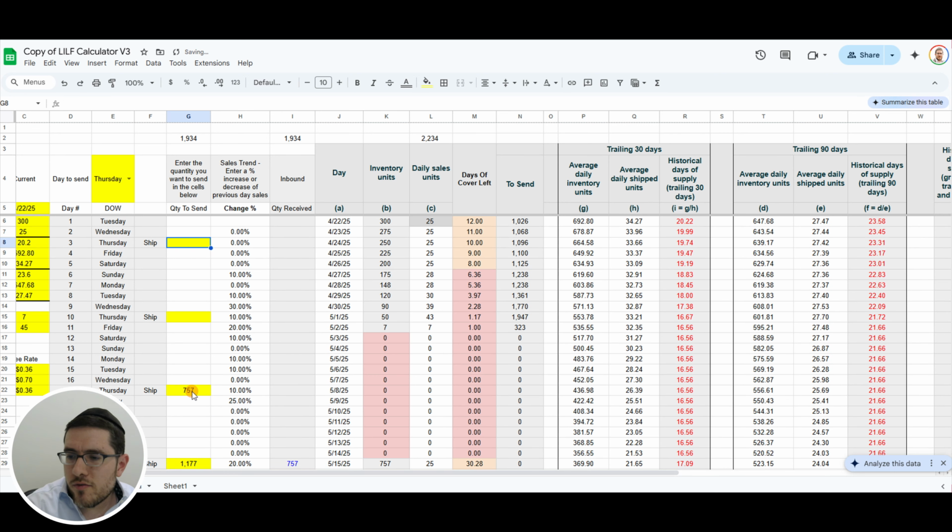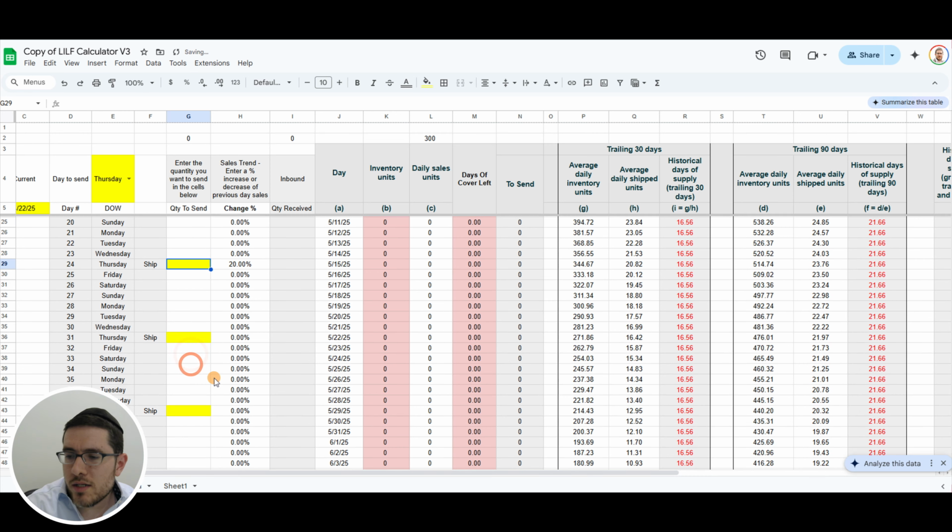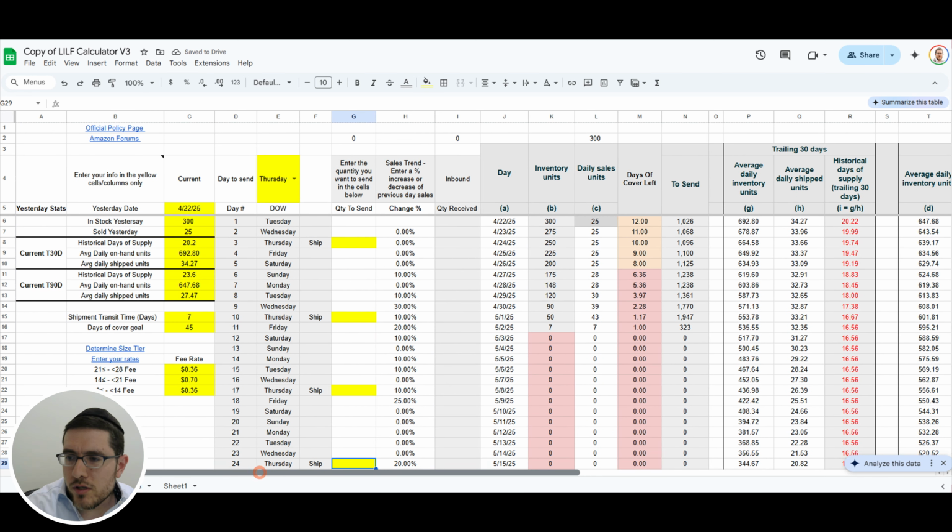Now the most straightforward way to use this is, for any product that you're worried about, you go in, you put in the metrics for the day you're starting to track this, and then every day you go in and you just adjust the daily sale units for the previous day. So say today is Thursday, and on Tuesday you sold 25, and yesterday you ended up selling 30.